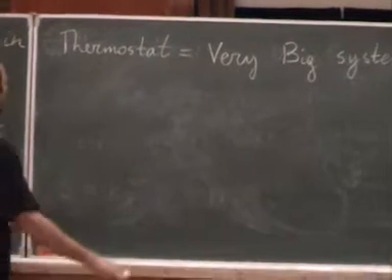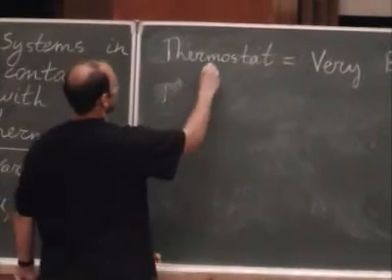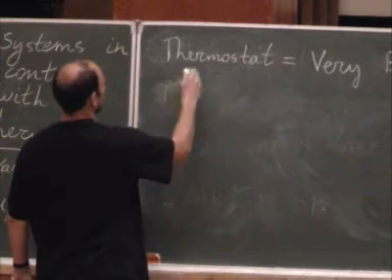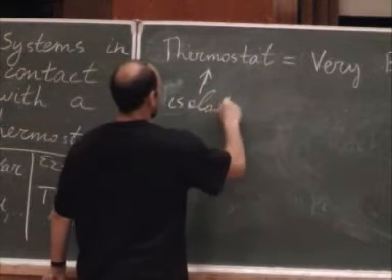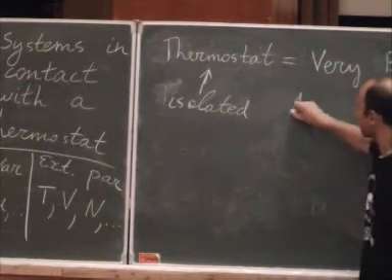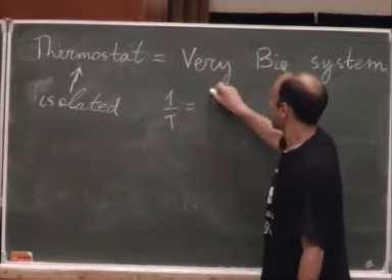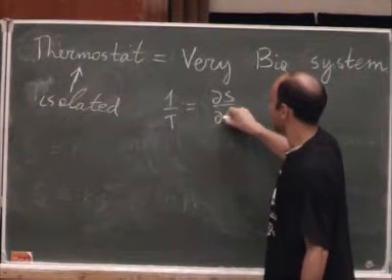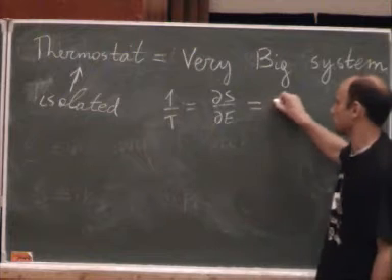So, well, last time I defined, well, if the thermostat is isolated, then last time I defined the temperature as the derivative of S with respect to energy, and here we want it just to be a constant.